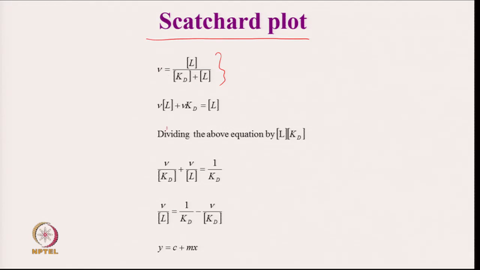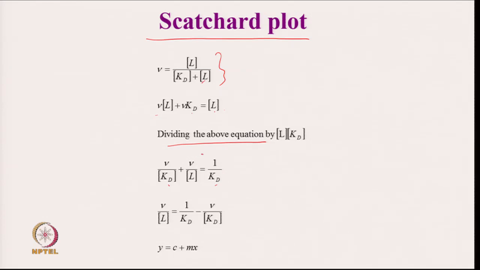If you multiply this, nu into L plus nu into K D is equal to L. Divide the equation by L into K D. What we will get is, here in this L will cancel out, K D will come at denominator; in this K D will cancel out, L will come at denominator; at this L will cancel out and K D will come in denominator.